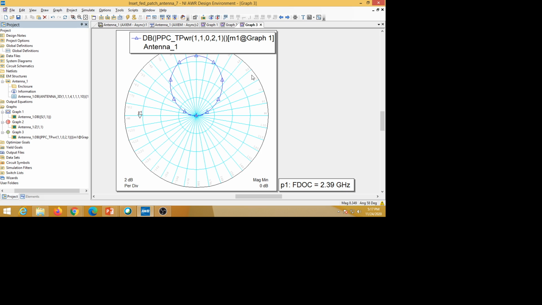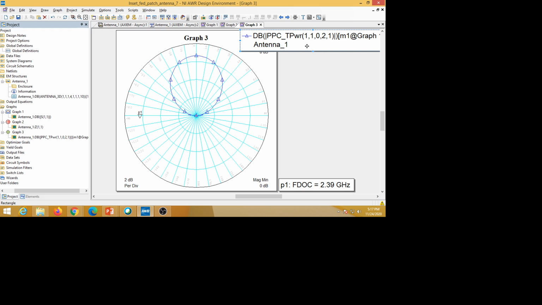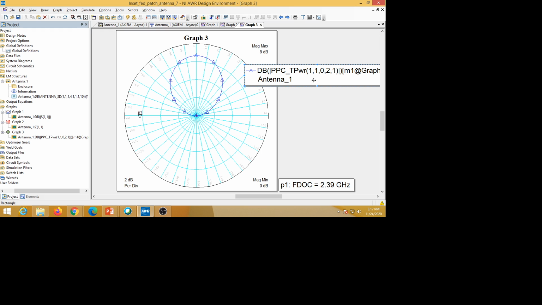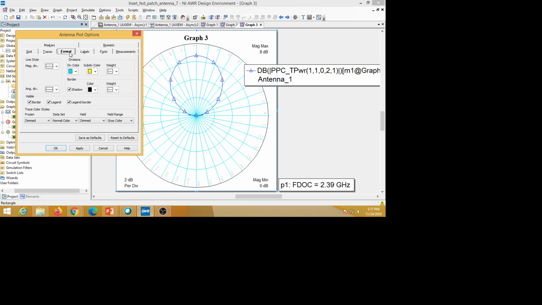So what we can see here is this graph, here we have phi 90 degree. And you can see in this graph there is a color, see here graph options, you can see here grid. You can see format, here you can change it to some gray color, then apply.